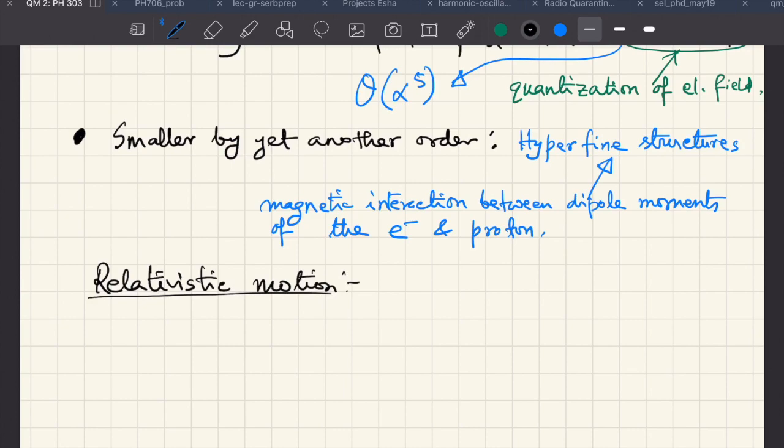In this situation, it is usually safe to stick to single particle quantum mechanics, and also safe to use perturbation theory. The first and foremost relativistic shift of energy levels comes from the fact that the effective velocity of the electron in an atom is a substantial fraction of the speed of light. From your PH 101 course, you must remember that the energy of a relativistic particle is given by square root of p square c square plus m square c to the power 4.